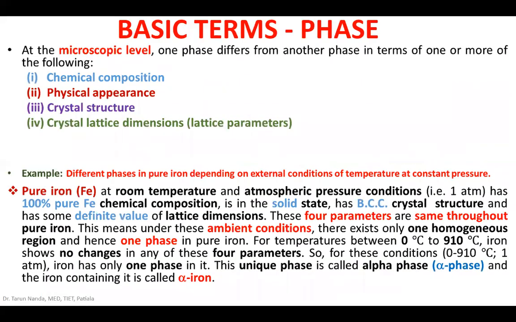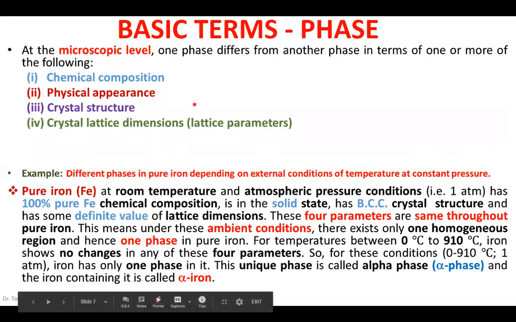Okay. So at the microscopic level, when somebody asks you to look into the material system at a microscopic level and tell how many phases are present in it, there are 4 parameters which you have to evaluate to tell whether a region existing in a material system is a particular phase and is different from other regions or not.